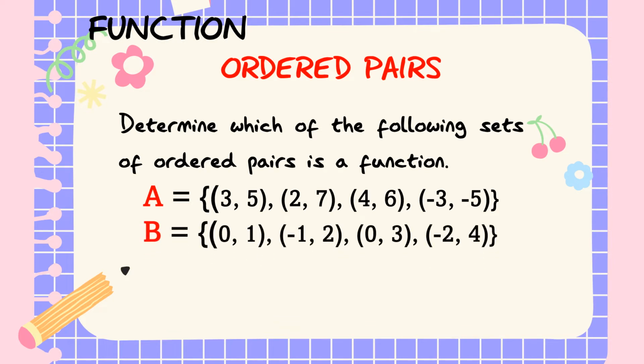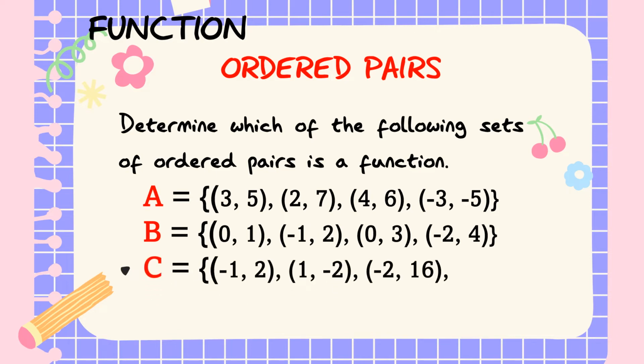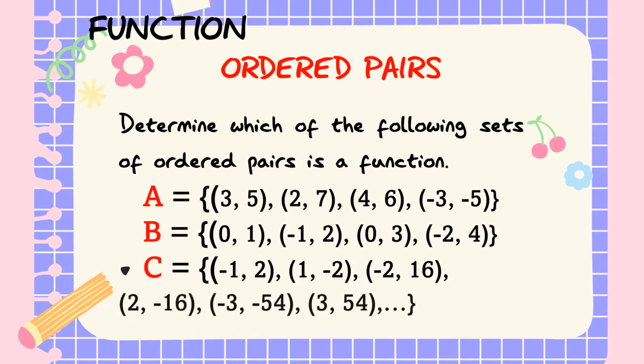And set B, we have (0, 1), (-1, 2), (0, 3), and (-2, 4). And for set C, we have (-1, 2), (1, -2), and (-2, 16). The other is (2, -16), (-3, -54), (3, 54), and many more.